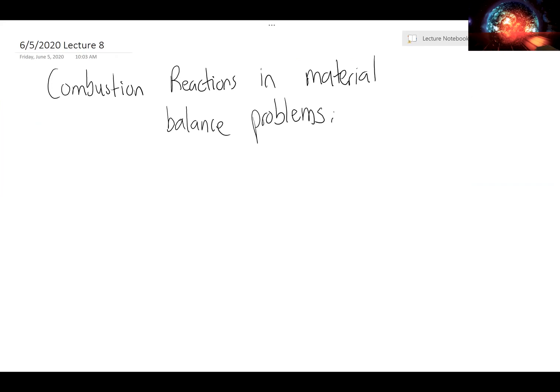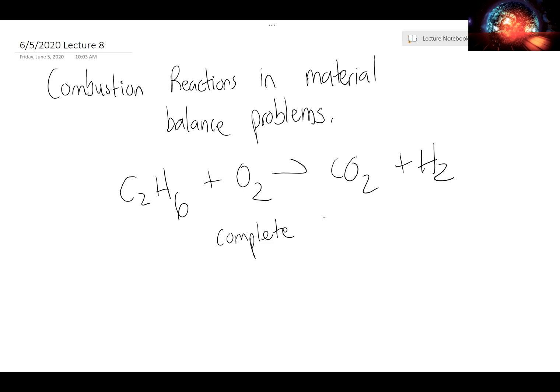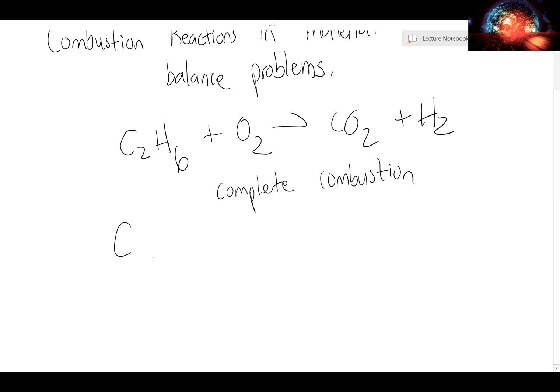And we discussed looking at combustion systems in terms of both complete and incomplete combustion, where let's say we had C2H6, I think that's ethane, to make CO2 and H2O, if we have complete combustion, and when we have incomplete combustion, in lieu of carbon dioxide formation, we have carbon monoxide formation.